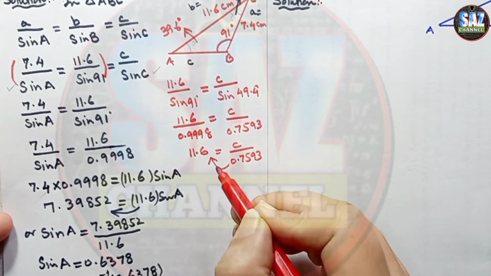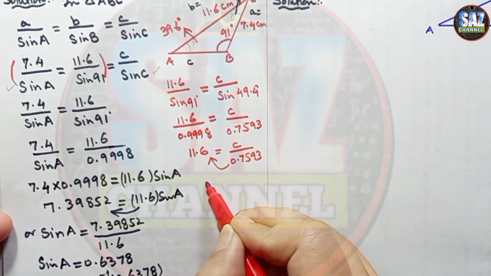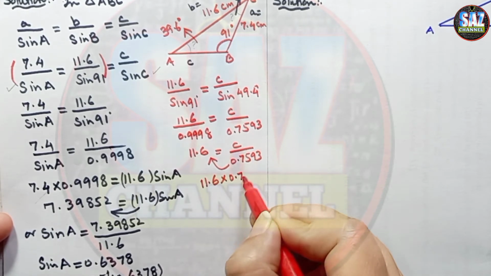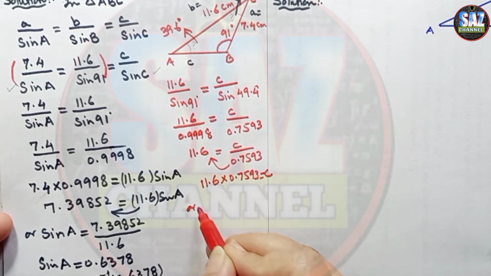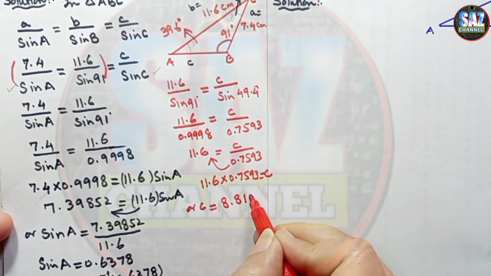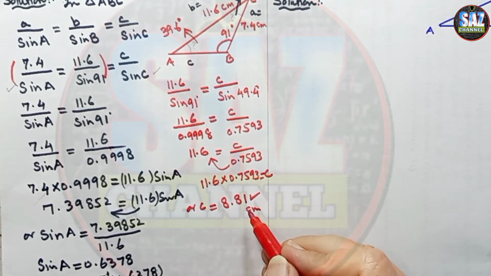Multiply 11.6 by 0.7593, and this gives me C equals to 11.6 multiplied by 0.7593, or C equals to 8.807, and that is 8.81, and the measurements are in centimeters, so I have to write centimeters.